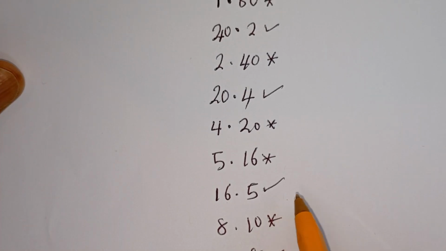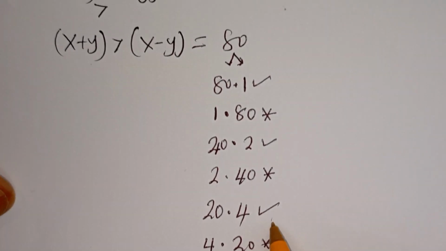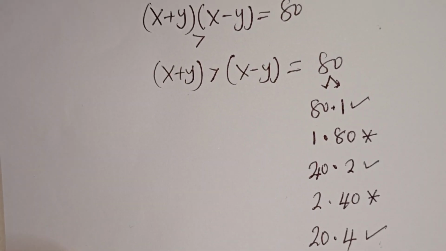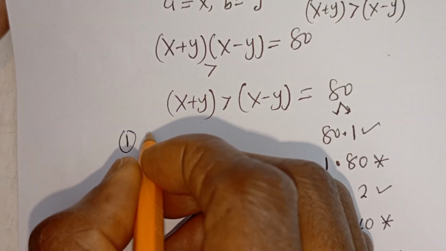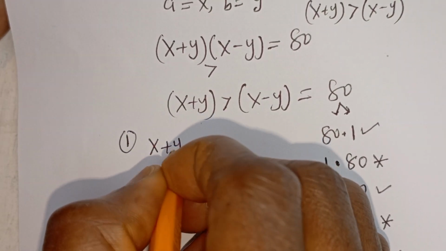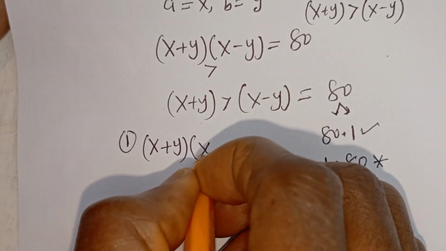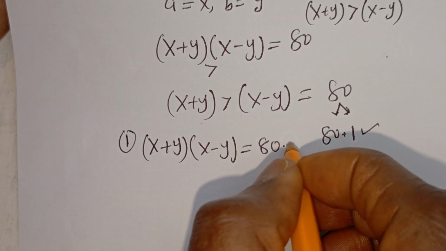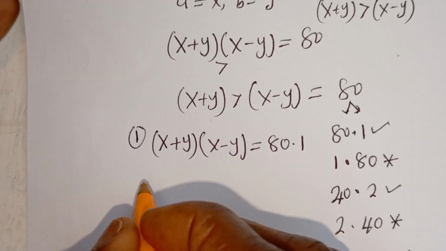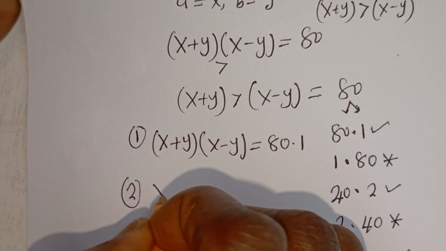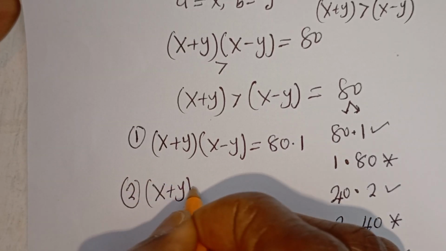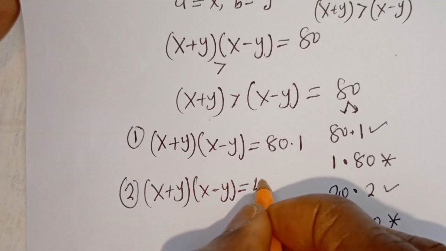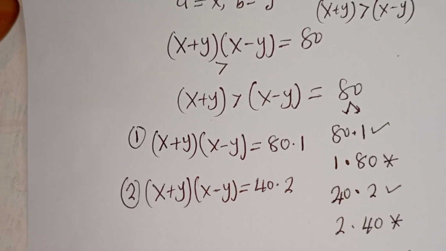1, 2, 3, 4, 5. Now let's consider the first case. The first case, we have x plus y bracket x minus y is equal to 80 multiplied by 1. Then the second case, 40 multiplied by 2.